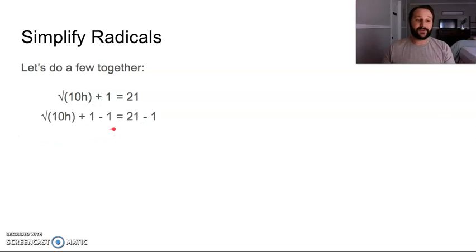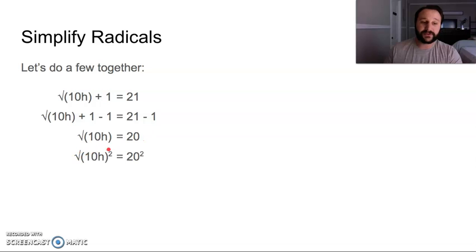First we want to get just this square root on one side by itself, and in order to do that we have to subtract 1 from both sides of the equation. That leaves us with the square root of 10h equals 20. Next step, we square both sides, so the square root of 10h squared equals 20 squared.